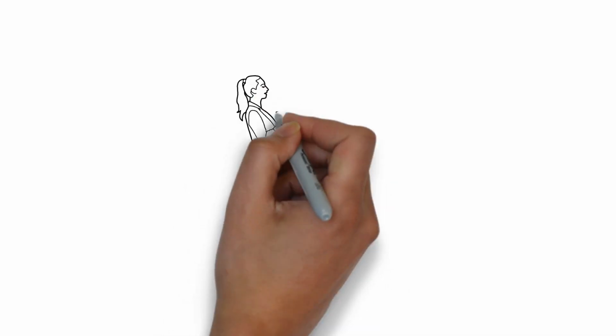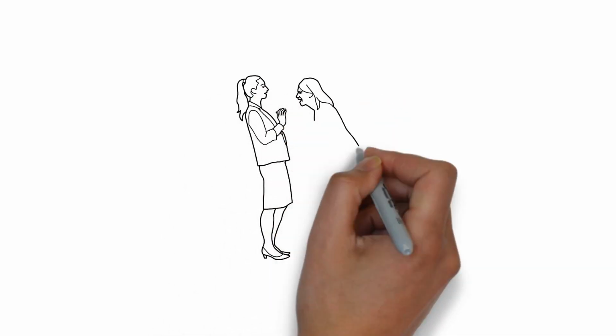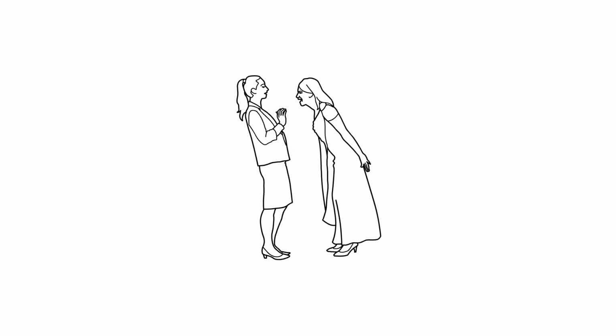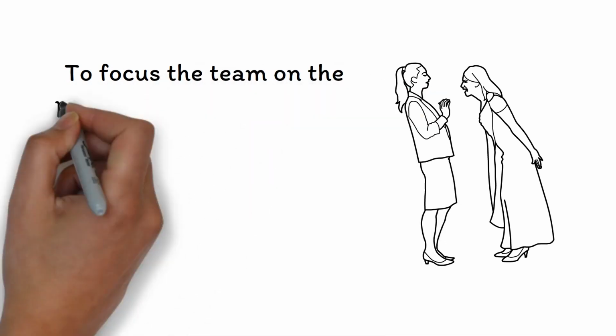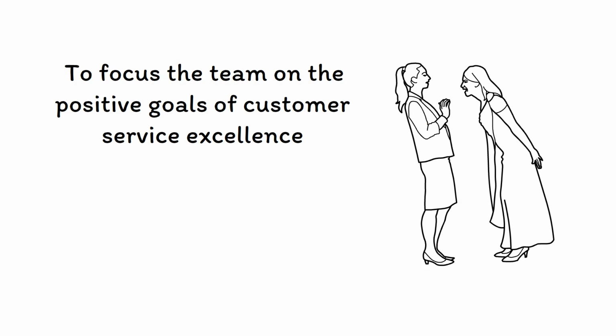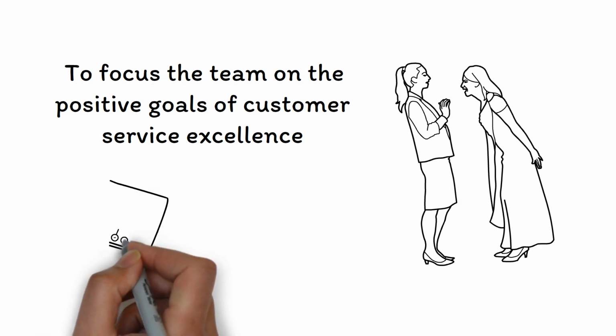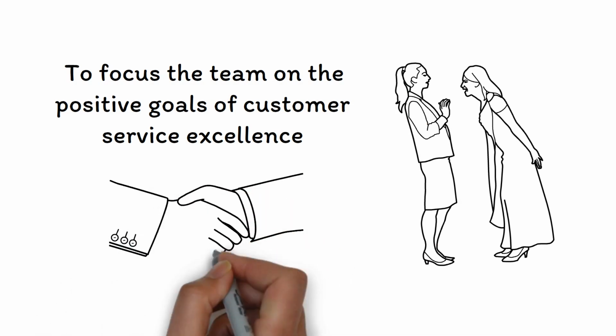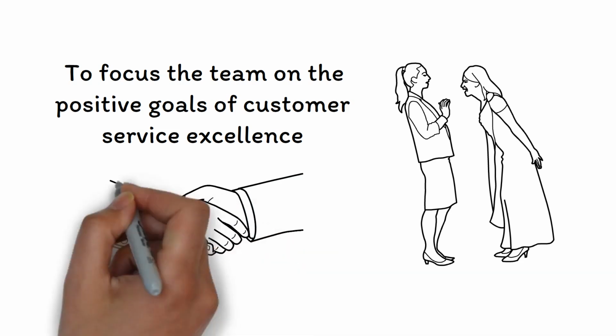She diagnosed a problem, the negative attitudes. Her intervention was not to manage conflict directly, nor merely to facilitate decisions or satisfy needs, but to focus the team on the positive goals of customer service excellence. Her action was a textbook case of internal leadership intervention, focusing on aligning team goals with individual behaviors.